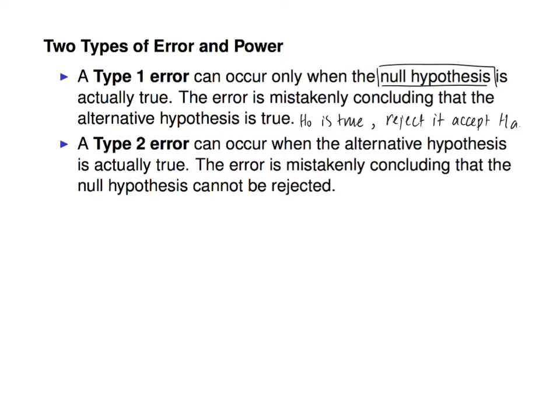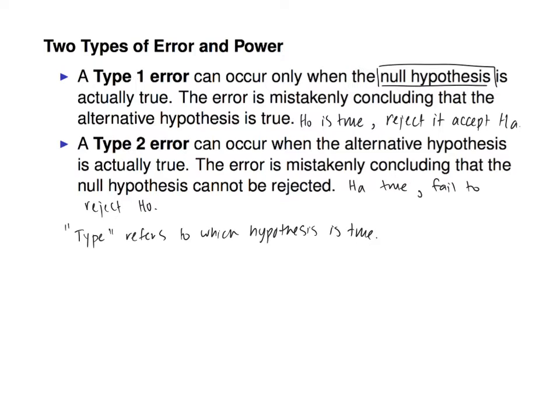And a type 2 error occurs when the alternative hypothesis is actually true. So type 2 means HA is true, and the mistake is that you fail to reject H naught. Something I didn't realize with these names is that the type refers to which hypothesis is true. Do you see what I mean by that?